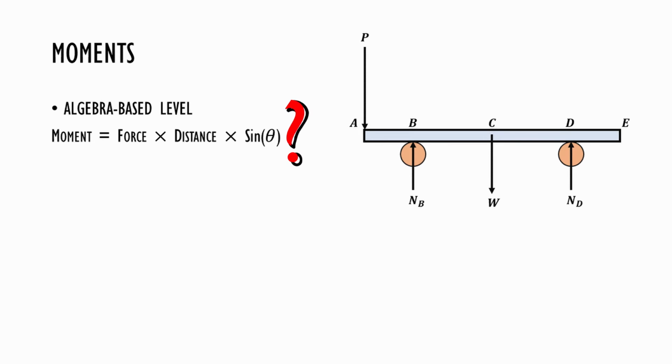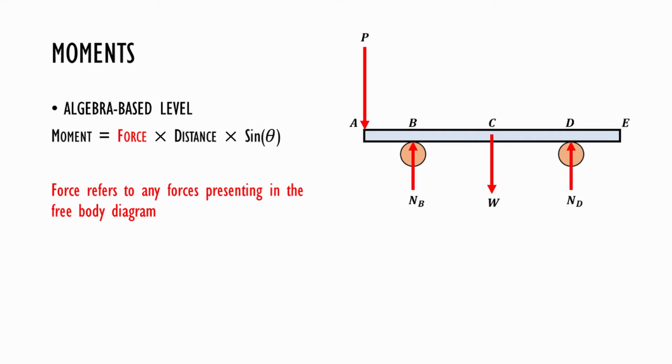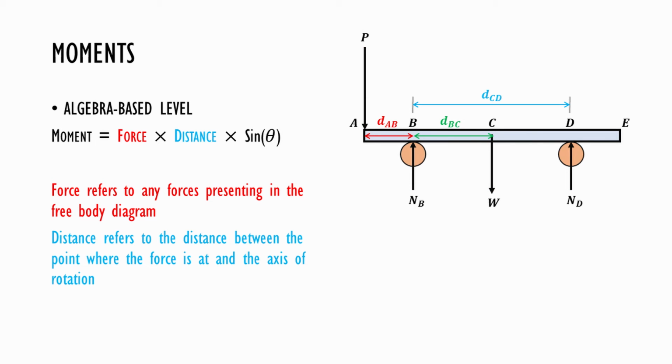What does each term in the moment definition mean? In the equation, force refers to any forces present in the free body diagram. Here we have 4 different forces, which means there are 4 different moments. Distance refers to the distance between the point where the force is applied and the axis of rotation.